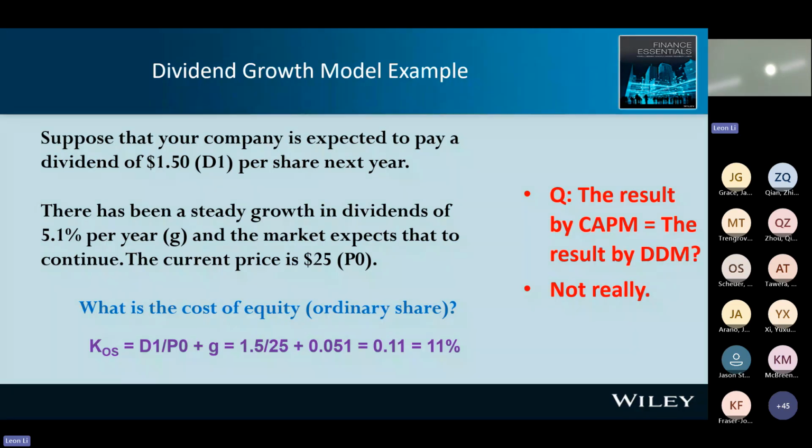Financial analysts need to make a decision. The first consideration is the data you have, right? If you don't have data for the CAPM model, you might consider the DGM model, right? So the 2 models might give you different results, okay?